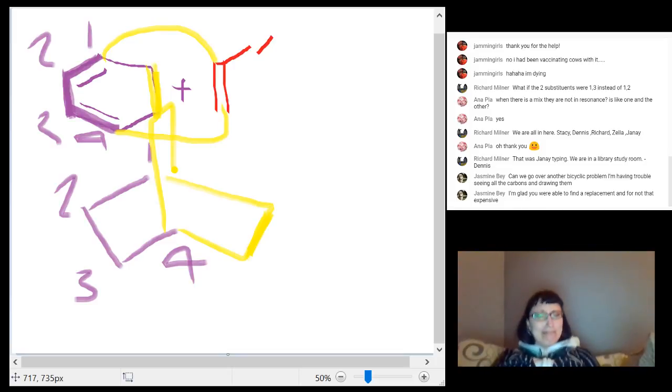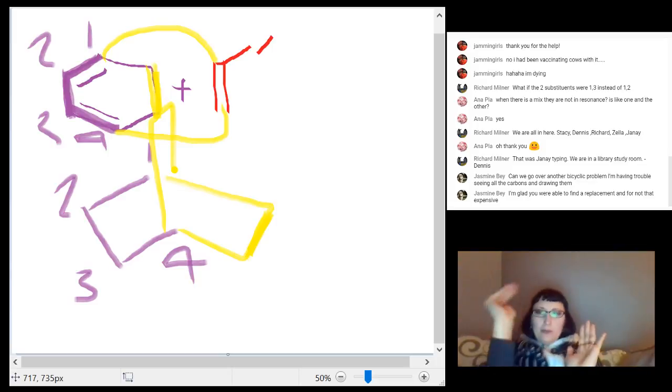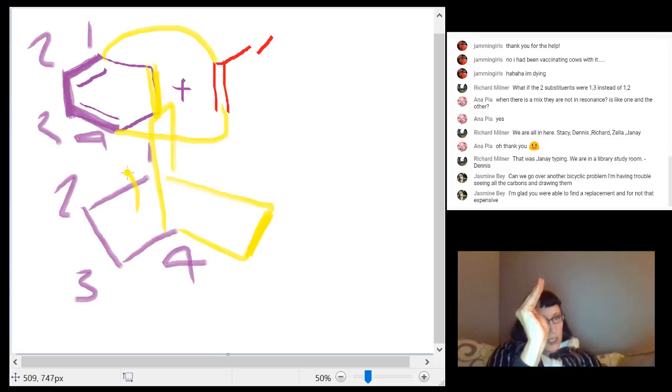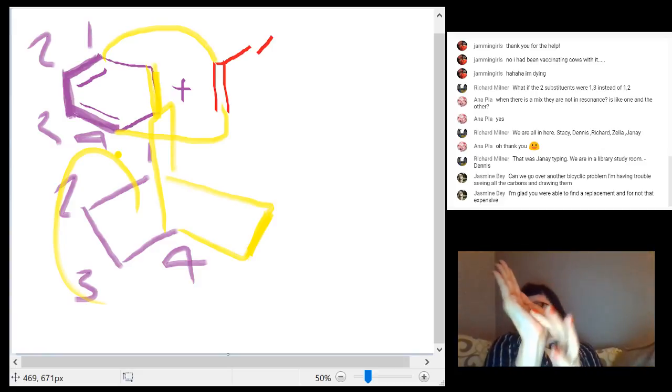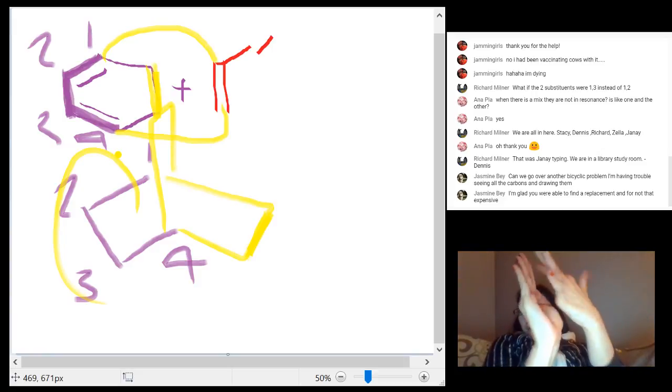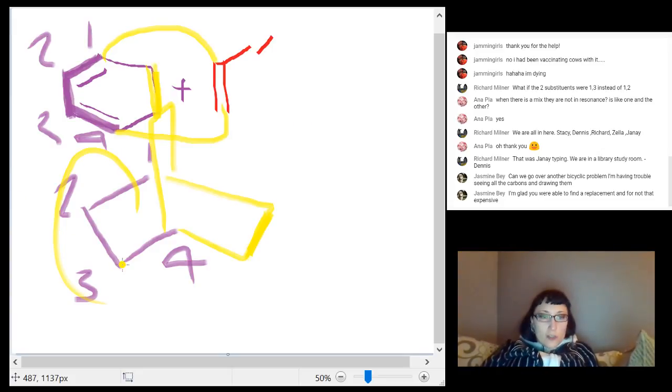I'm trying to show cyclohexene kind of being a cup. There we go. So this part here that I just circled is kind of like the cyclohexene here and coming up. And if you look, that's 6 carbons right there.